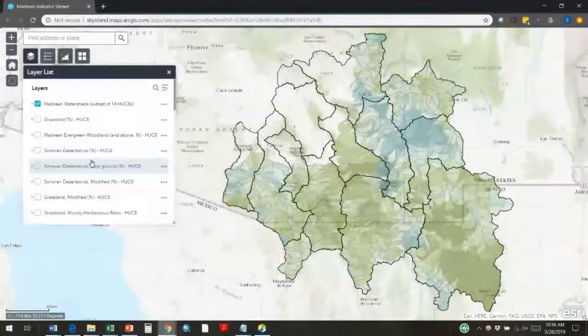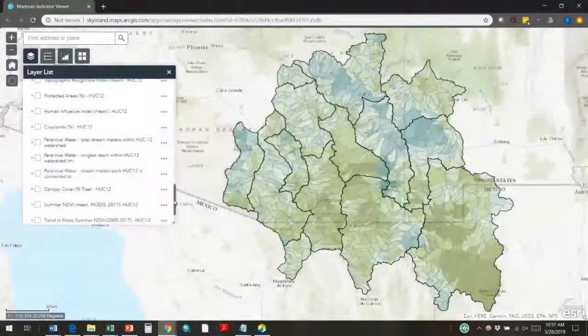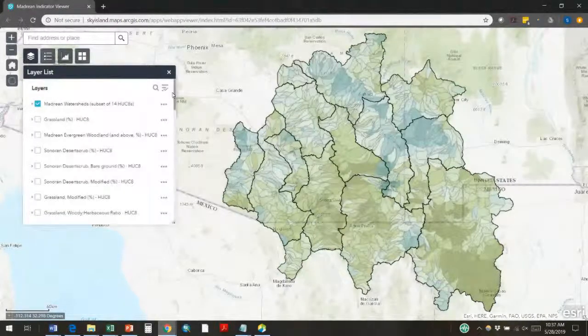So U of A has a spatial analysis team with Wim van Leeuwen's lab, and they derived most of these products for us. They also worked a lot with us on taking the indicators we had to begin with and figuring out how we could map them spatially, because they knew of a lot of data that was available.